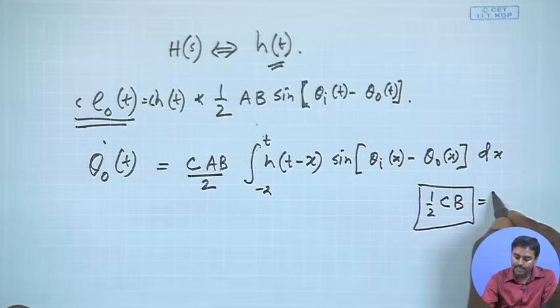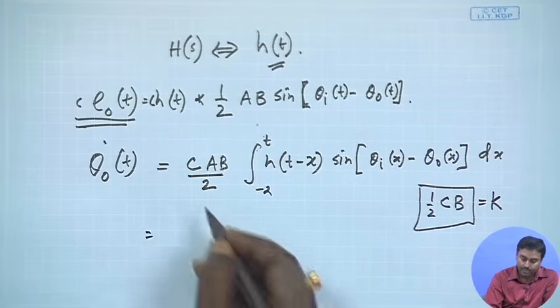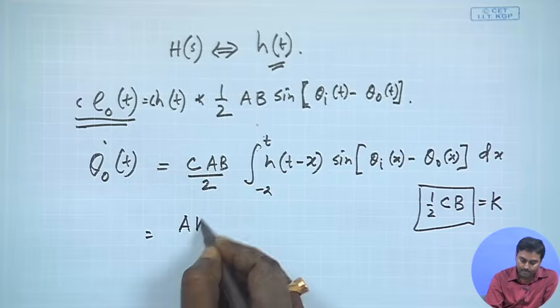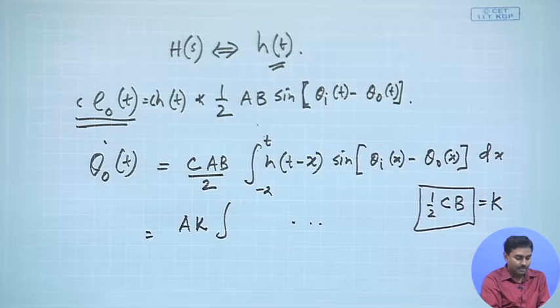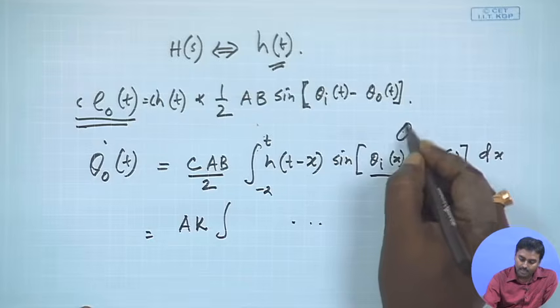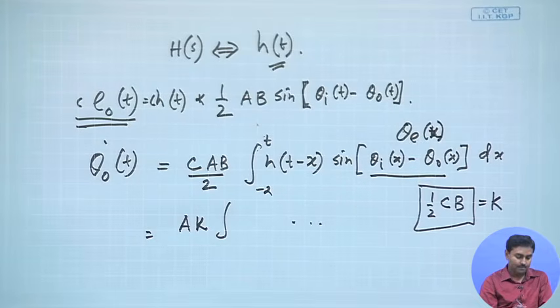Therefore half c b I can just represent as a parameter of the VCO, and I can write that as K. So I can then have A K and the integration of this term, where this I can now write as theta e(t) or theta e(x).